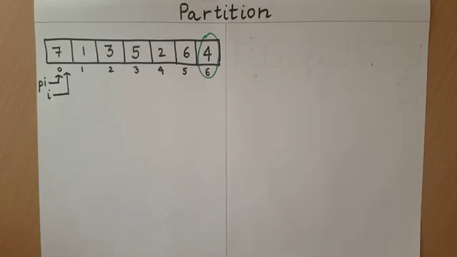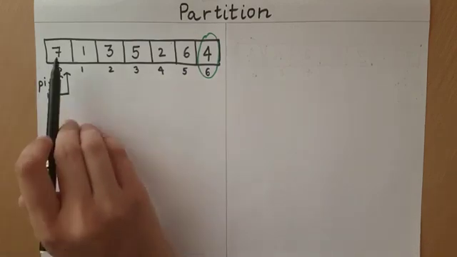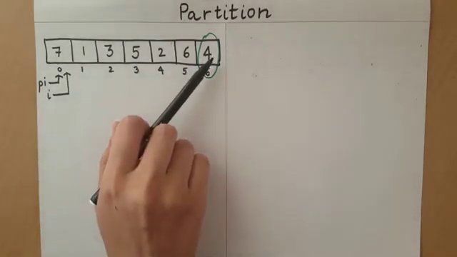If it does violate that condition, then we will make some changes. So let us see when I is equal to 0. The element at I, or the element at 0, is 7. If we swap the element at pi and the pivot, that means 4 will come here and 7 will go here.